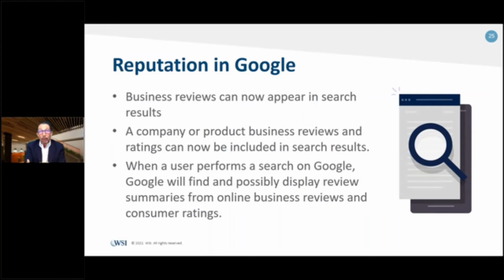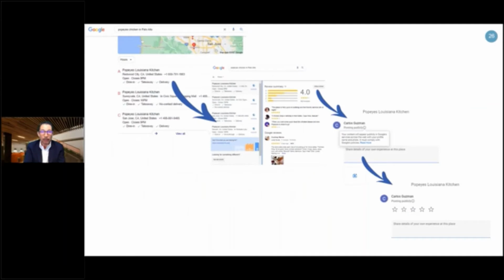And today, Google is very active in gathering data from review sites. So in other words, when Google finds a review on any user platform, it will possibly display a summary of that review from the online business that it's catching, and it will show it in those results.